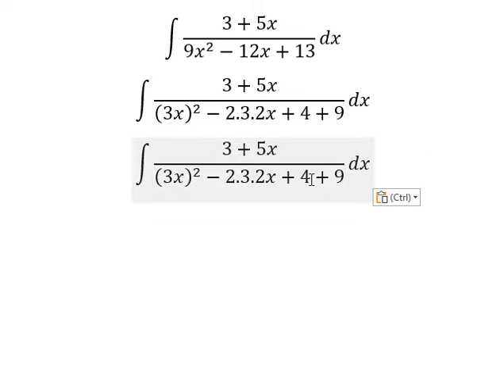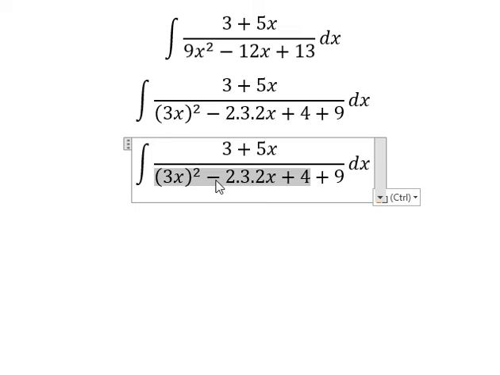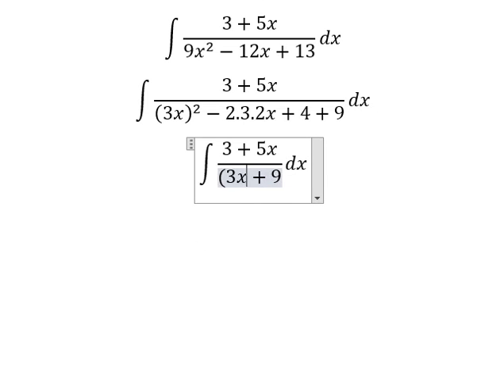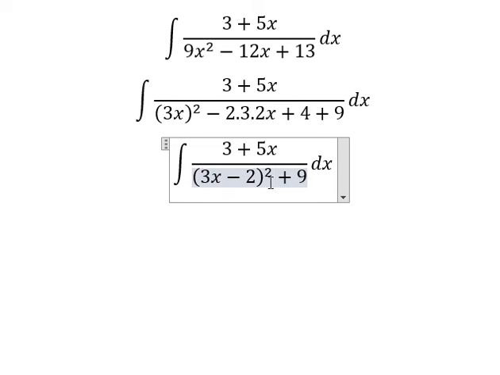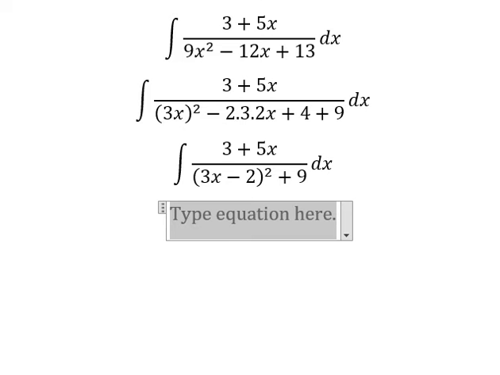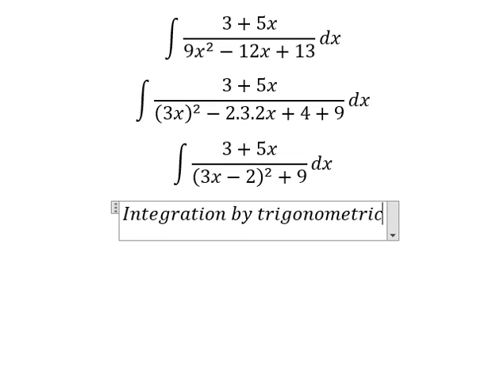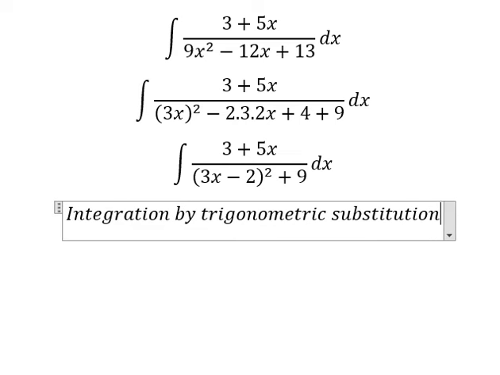And now this one is about identity. So we have (3x minus 2) to the power of 2. Now we can use integration by trigonometric substitution.